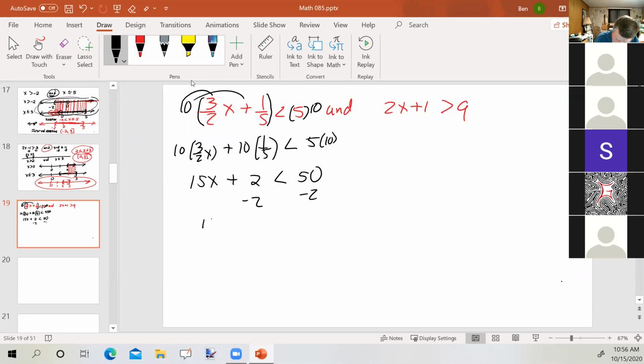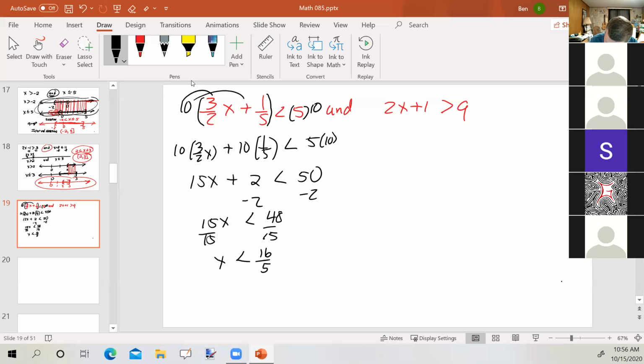Subtract 2 from both sides, 15x less than 48. Divide by 15, x less than, I could take out a 3 and I'd have 16/5, I believe. Okay. We all right with that? Any questions?